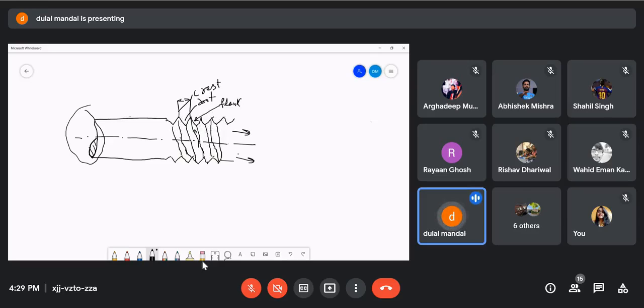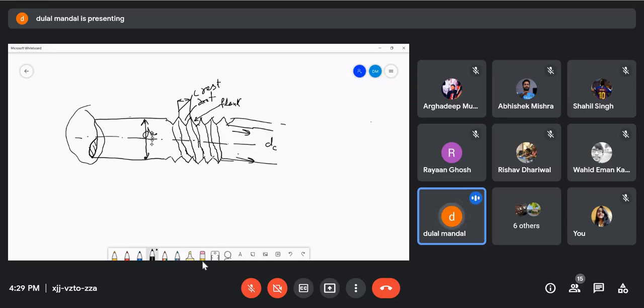So when I tell you the root diameter, that means this is your root diameter, DC. It is called the root diameter, from here to here, and that is the actual diameter.